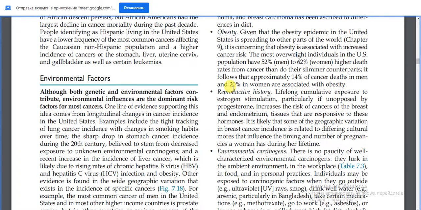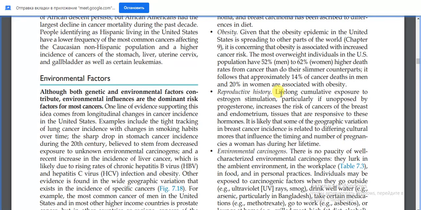Reproductive history, especially in the female reproductive system. Intake of contraceptives or combined oral contraceptives can promote tumors, and also fewer pregnancies. Culturally we used to say we don't need to bear more and more people; if you can't afford to feed a lot of children, don't bear them.